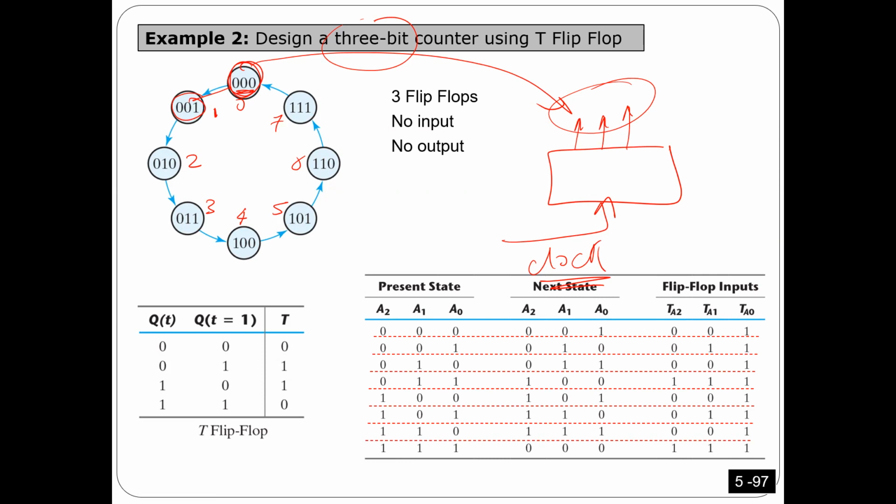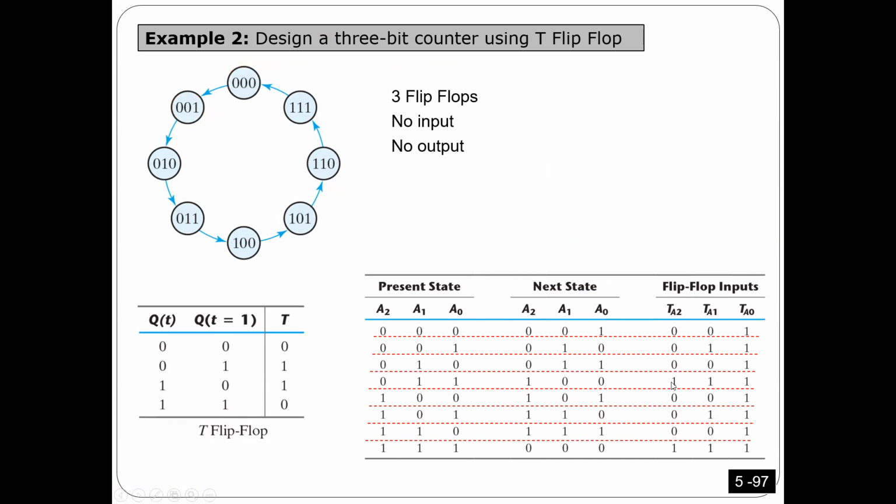Okay, so in this case, number 1, this is a very easy state diagram. In this state diagram, as you see here, these are the states we have. I need 3 flip-flops, because there is no input, since I didn't tell you there is an input.